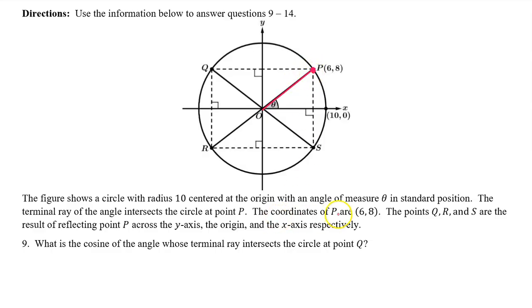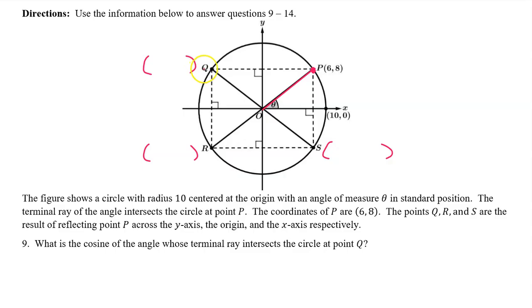The coordinates of P are 6, 8. The coordinates of Q, R, and S are the results of reflecting the point P across the y-axis, the origin, and the x-axis, respectively. So before even looking at the rest of these questions, we should be able to figure out the coordinates of the other 3 points.